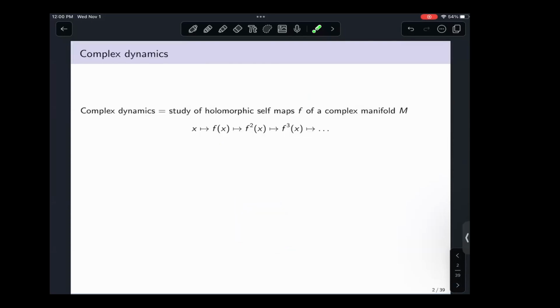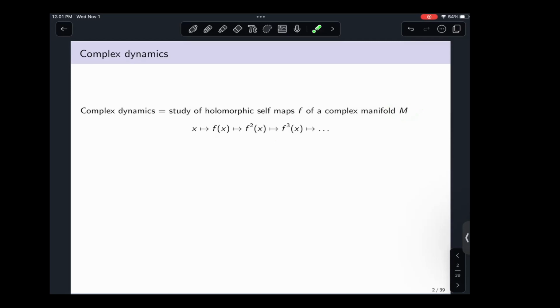I'm going to talk about complex dynamics, which means that I will be interested in the study of holomorphic self-maps of complex manifolds. And this is the study of dynamics, which means that I take iterates of the points on the phase space and study the orbit to see what happens, whether it converges to, say, a periodic cycle, or whether it accumulates on some funny continuum or whatsoever, right?